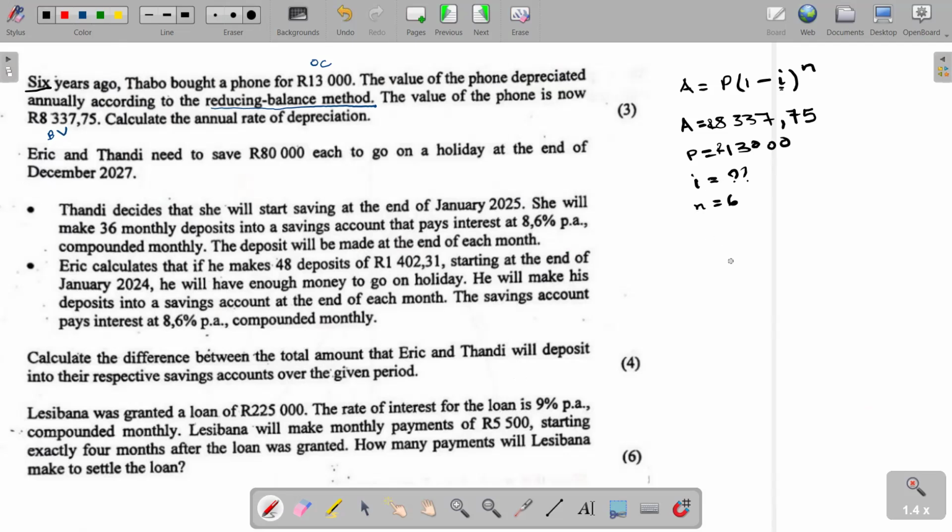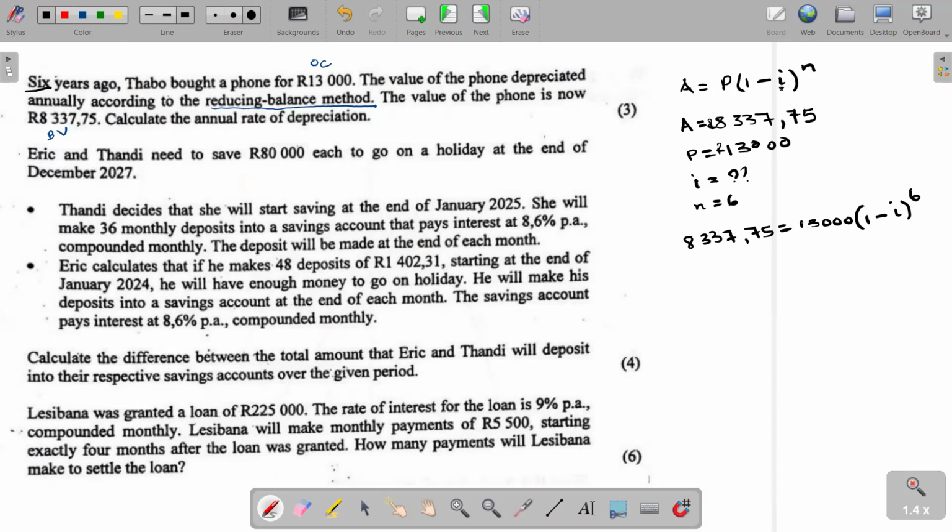So substitute the variables. We are going to get 8337.75 being equal to P, which is 13,000, then we have 1 minus I, which we do not know, to the power n, which is 6.